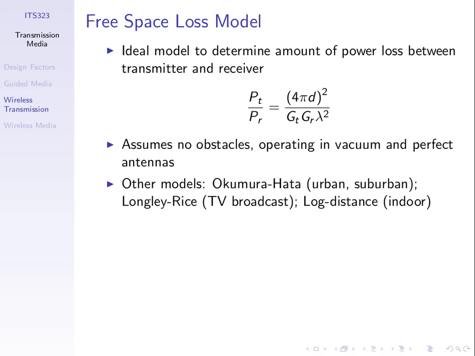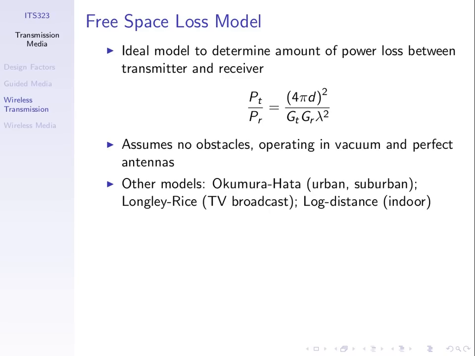Let's look at the different variables. We start with some power level. We transmit with some power level PT. We transmit our signal across some distance d. And the signal has some wavelength lambda, and from that some frequency. There are two antennas involved in the transmission, the transmit antenna and the receive antenna, and both have some gain, GT and GR.